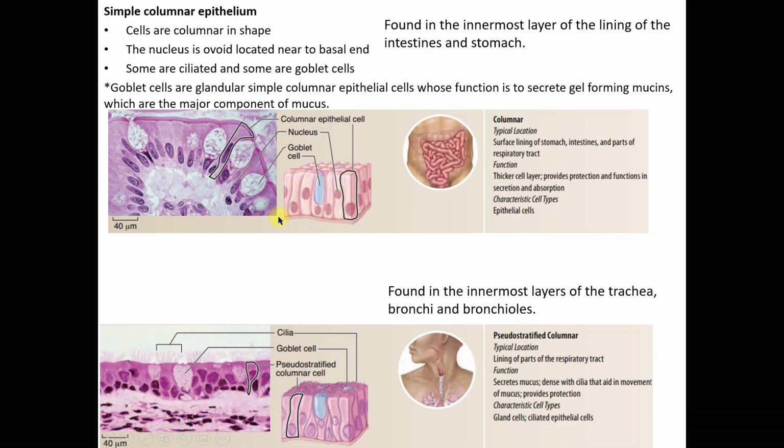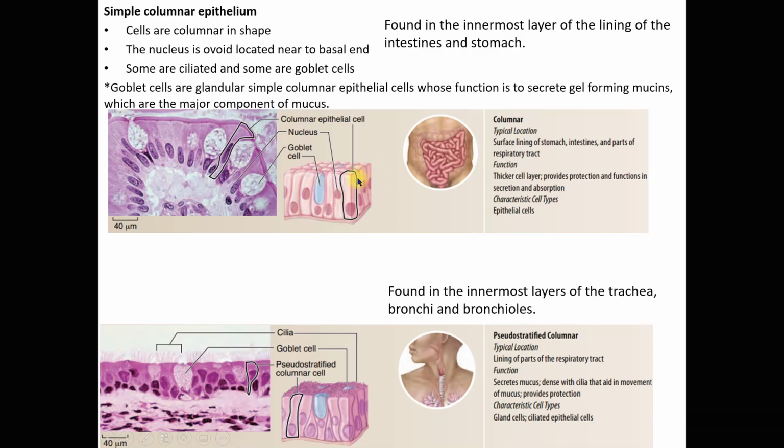Some of these columnar cells are ciliated and some are goblet cells. This is a goblet cell in the columnar epithelial cell. Some columnar epithelial cells exist on their own, and some have goblet cells in them.